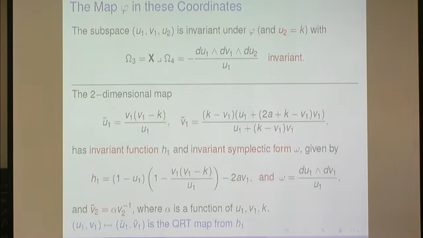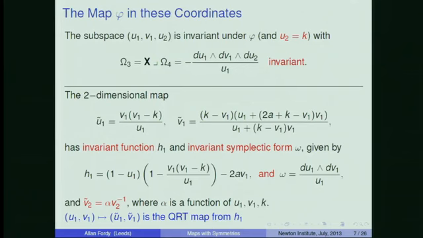So in this space, you get a four-dimensional map. But first of all, this three-dimensional space is invariant, and since u2 is itself a constant of the motion, then actually it drops down to being a two-dimensional map, together with u2 being constant, and together with v2 transforming in this very simple way.